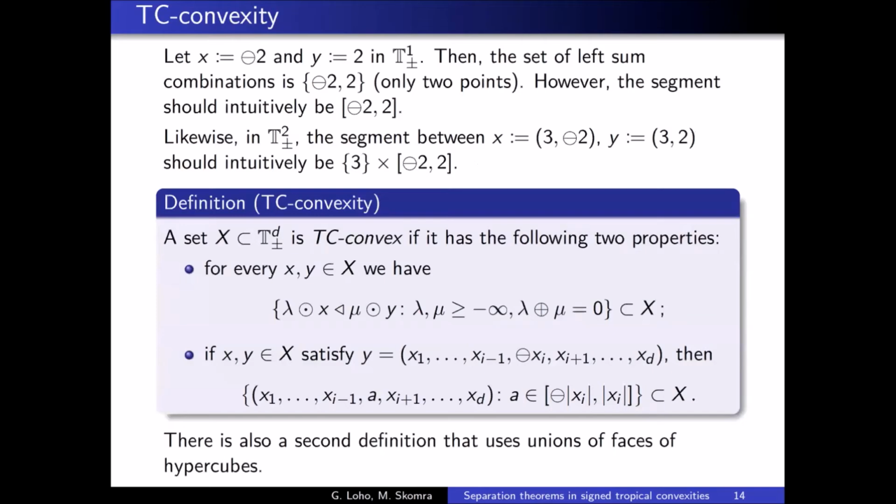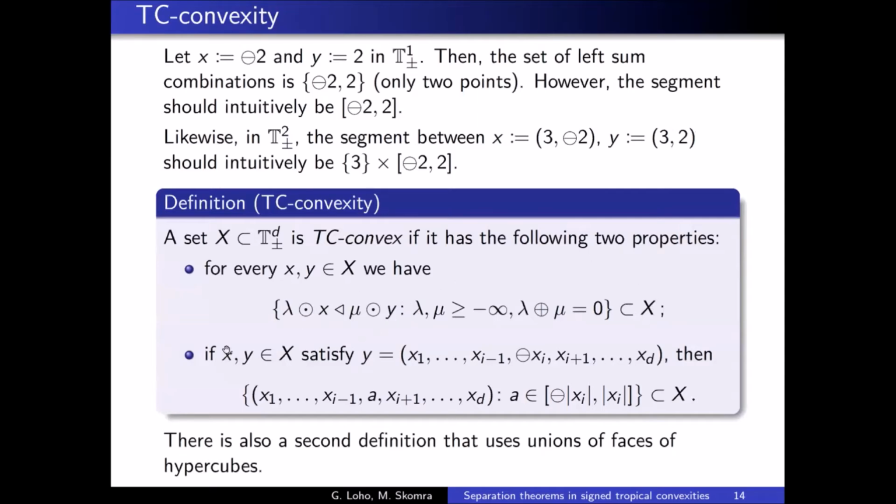Our full definition is as follows. We will say that a set is TC-convex if it has the following two properties. First, it has to be closed under taking these combinations with respect to the left sum.